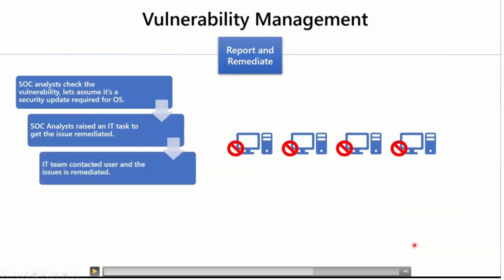The SOC analyst will check the vulnerability. Let's assume a security upgrade is required for the OS. For example, there is a new version that overcomes the previous vulnerabilities, so the SOC analyst will perform the update for the OS.